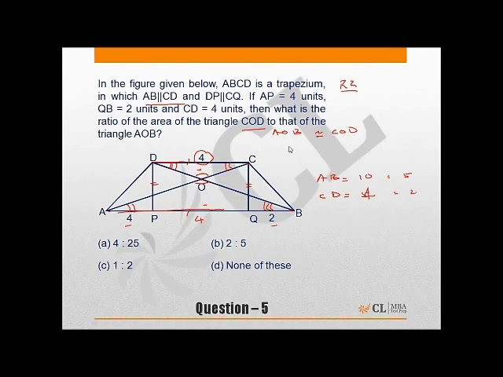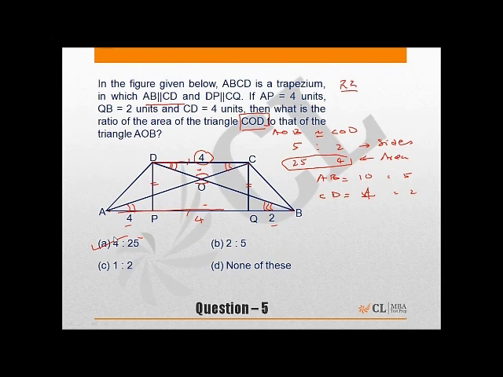So the ratio of sides of AOB to COD has to be 5 is to 2. The ratio of area should be square of this, so this is 4 is to 25. The triangle asks for COD to that of AOB, so it should be 4 is to 25 for the area. Choice A is the correct answer.